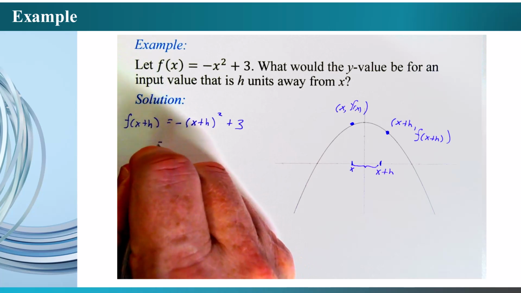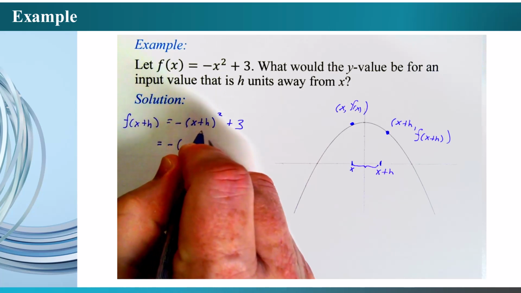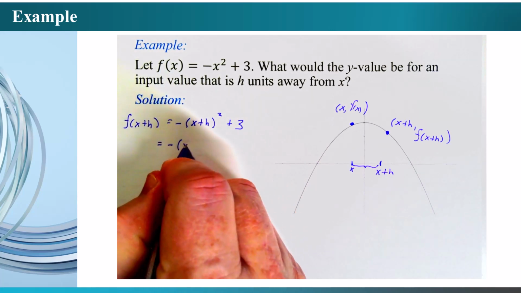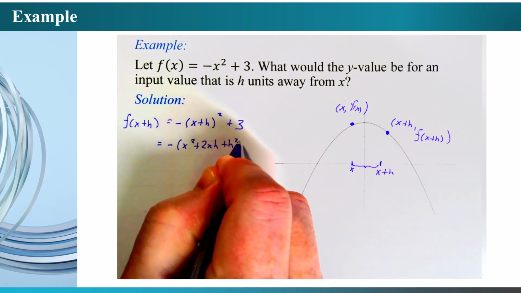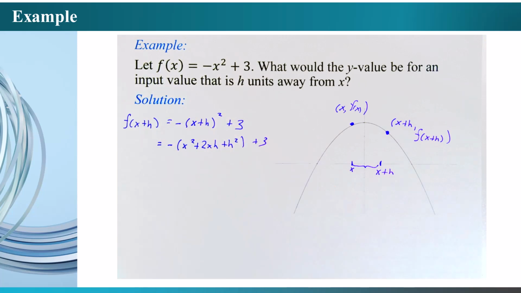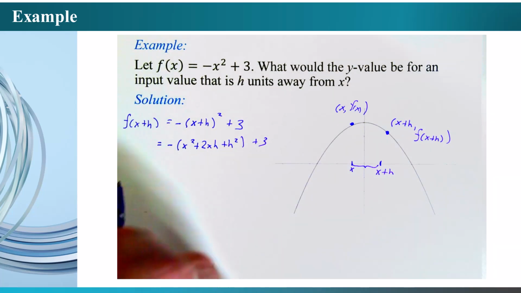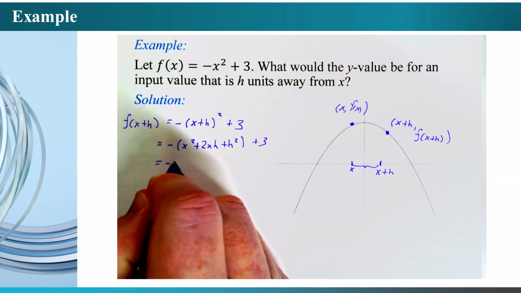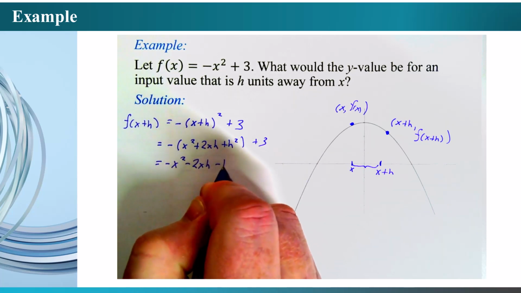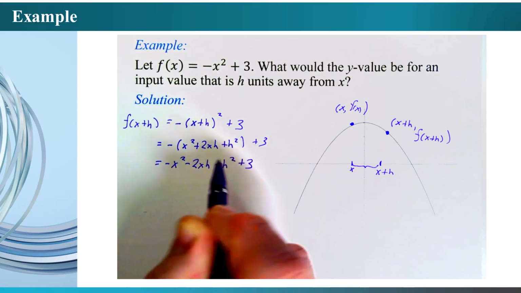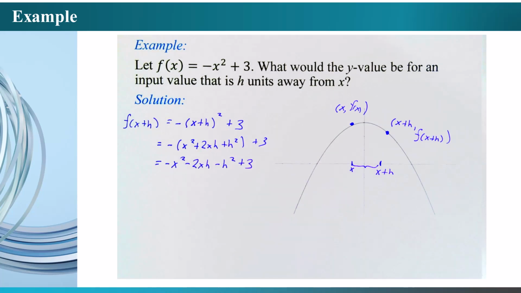If I multiply this out, I get x plus h squared, which would give me x squared plus 2xh plus h squared. And distributing this negative inside here, I would get negative x squared minus 2xh minus h squared plus 3. And that's what that y value would be.